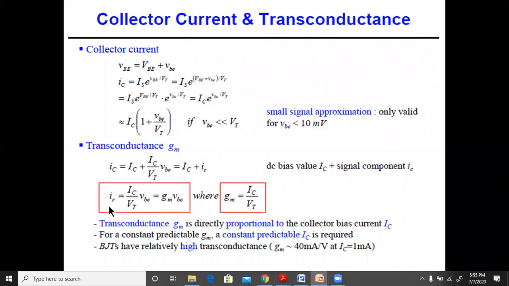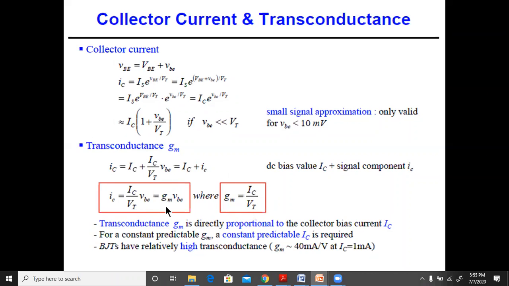If I take this VBE over here, then I'll get the value of GM. GM will be equal to IC by VT, and that's what we have written over here. So either you can say IC is equal to GM VBE, or GM will be equal to IC by VT.